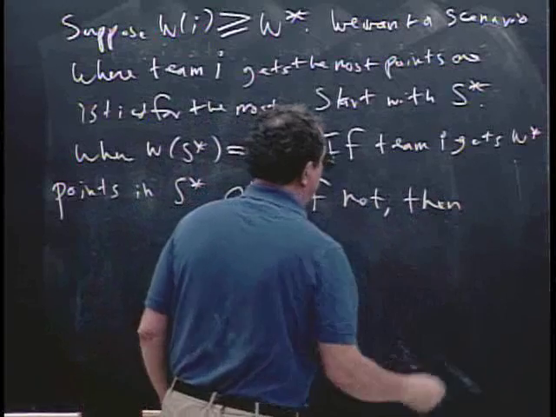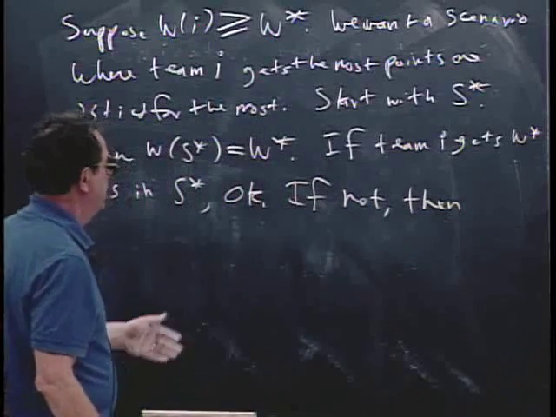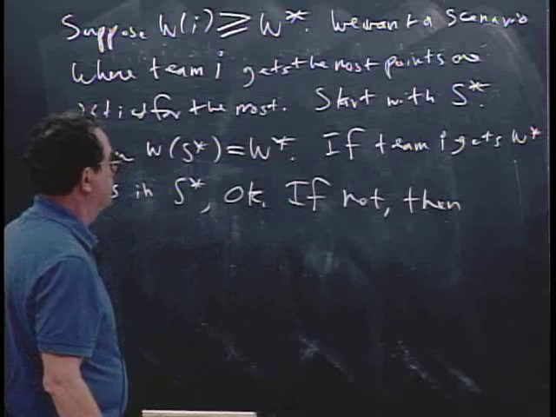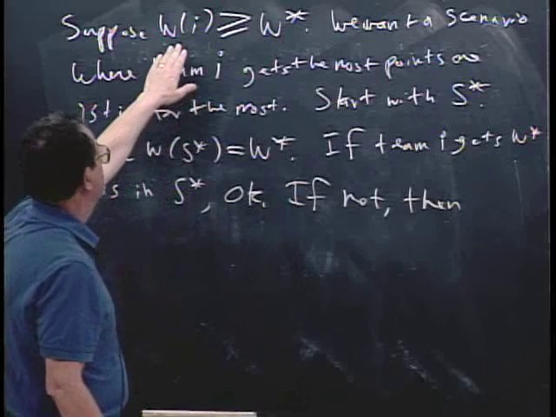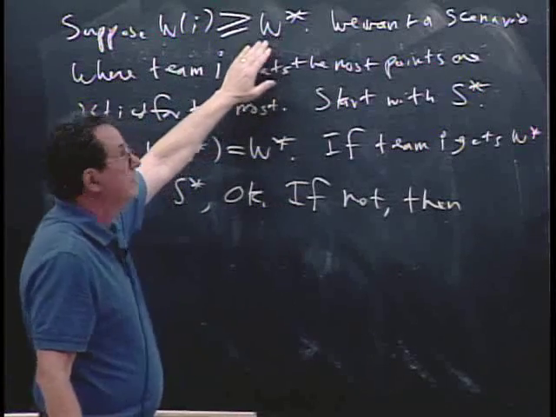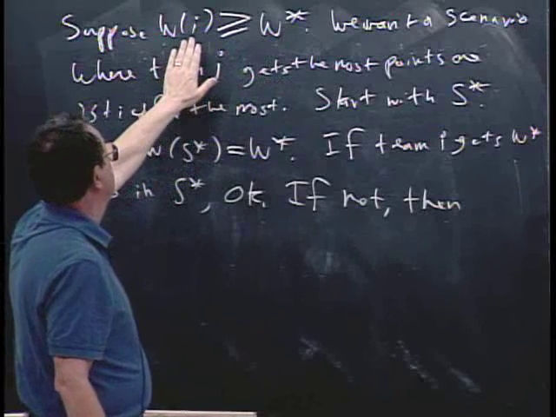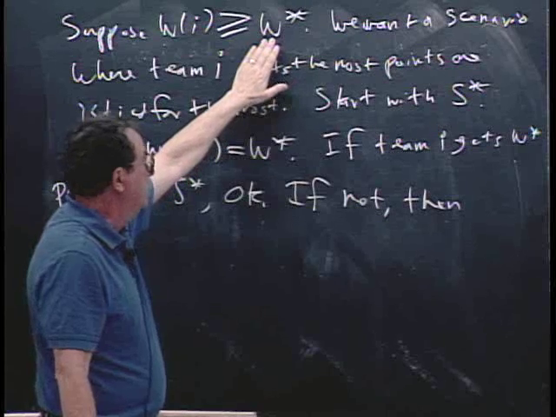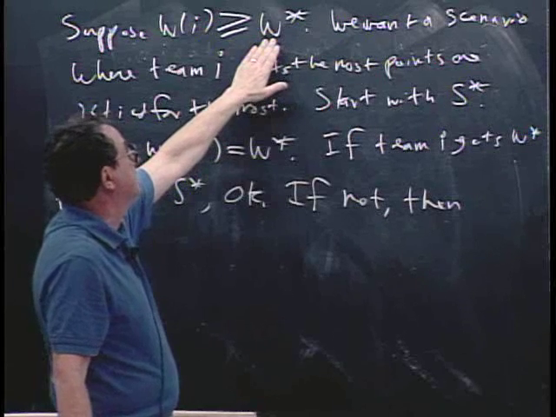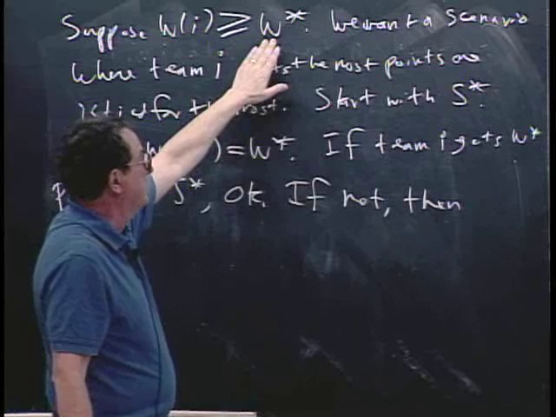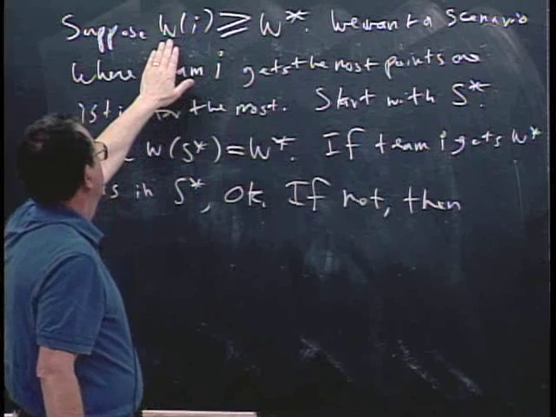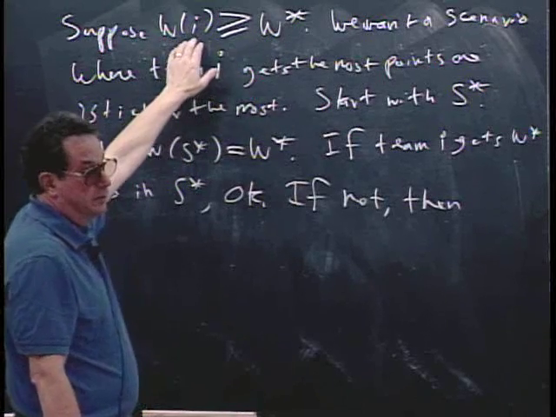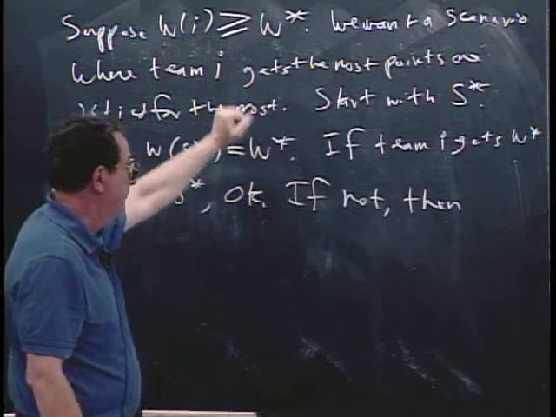then how could it possibly be in a particular scenario that Team I ends up with less than W star points? If Team I ends up with less than W star points, it must also have less than WI points, because WI is greater than or equal to W star.